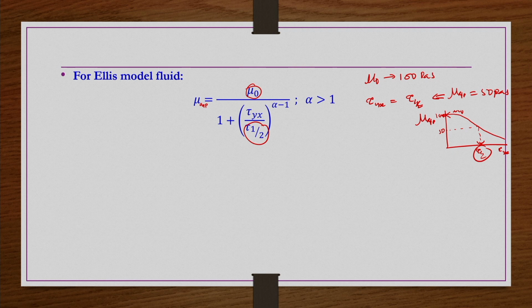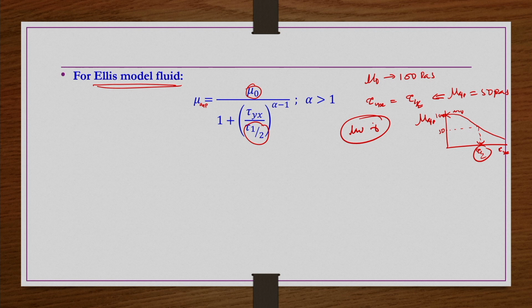We have already studied that the LS model fluid is important when the deviation from power law behavior is more at the low shear rate range. If the deviation from power law behavior at low shear rates is important, then it is better to use the LS model fluid for reliable information.